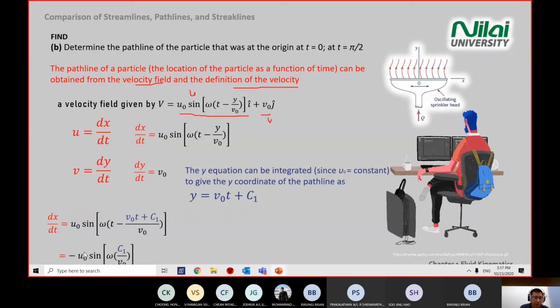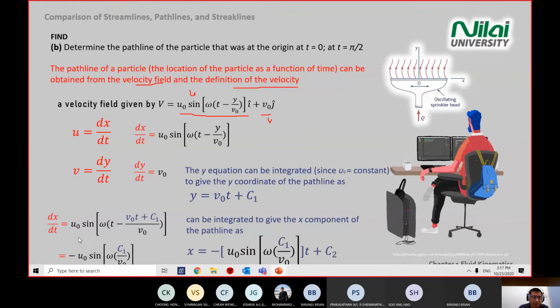So you get negative u0 sine something. How it comes from here to here is a mathematical procedure. You go and read your calculus or advanced mathematics notes. Okay, then you integrate. So integrate, you get this one: x equal to minus u0 sine, this one, and then a constant value. So one is for y, one is for x. So you have two constant values, C1 and C2.